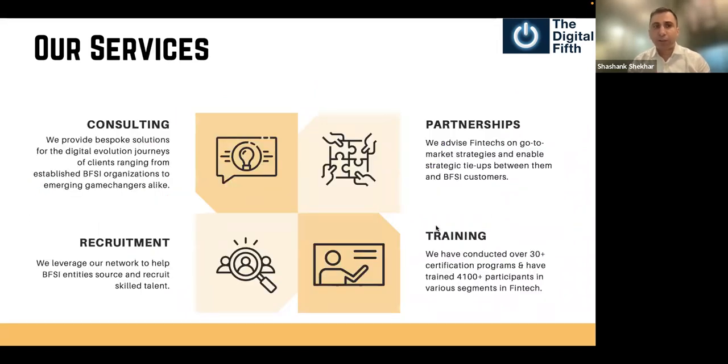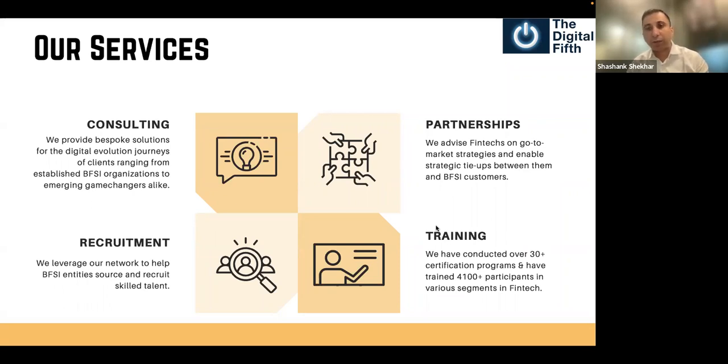We have 4 broad service lines. Consulting is our core business line, where we work with banks, NBFCs, and other financial institutions, helping them build their digital transformation roadmap, digital strategy, open banking strategies, cybersecurity, compliance advisory, and all sorts of consulting assignments. We also work very closely with fintechs and startups, helping them build different journeys, product management, go-to-market strategy, and technology advisory.